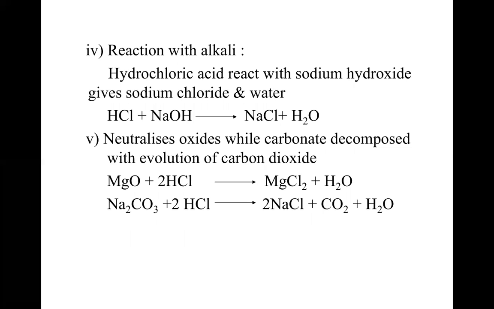Next, it neutralizes oxides and hydroxides, like magnesium oxide reacting with HCl to form magnesium chloride and water, salt and water. While carbonates and bicarbonates decompose with evolution of carbon dioxide, like sodium carbonate reacting with HCl to form sodium chloride with evolution of carbon dioxide plus water. So these are the properties of hydrochloric acid.